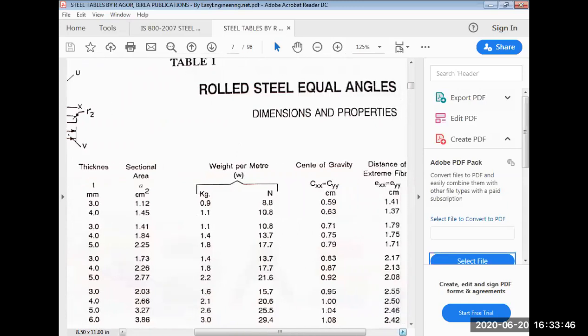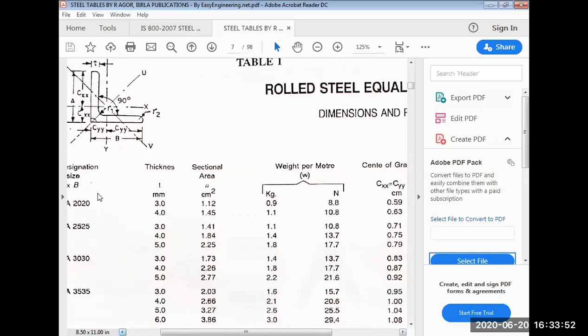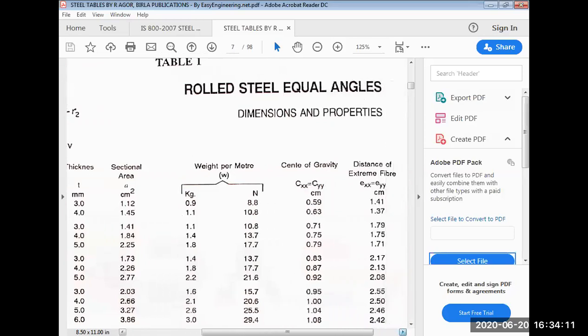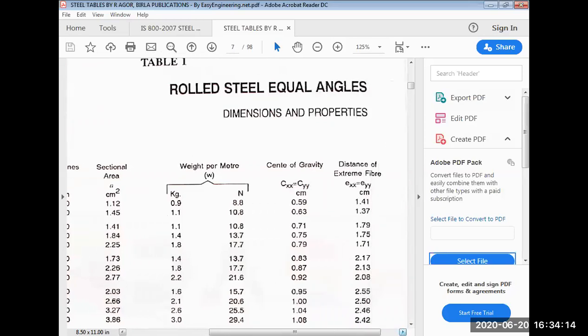Then center of gravity, Cxx, Cyy. Where are Cxx and Cyy? You can see here Cxx and Cyy distances are given from this corner. In the y direction we can measure Cxx, in the x direction we can measure Cyy. Means the centroidal distance of the angle section is given from the standard properties, so you need not calculate.